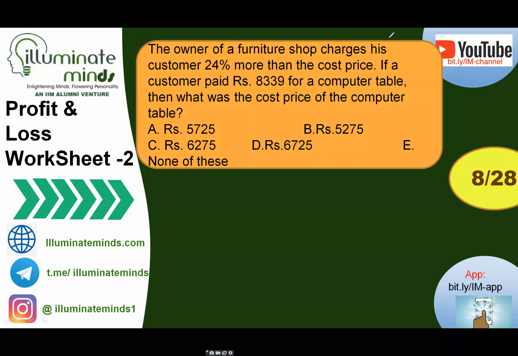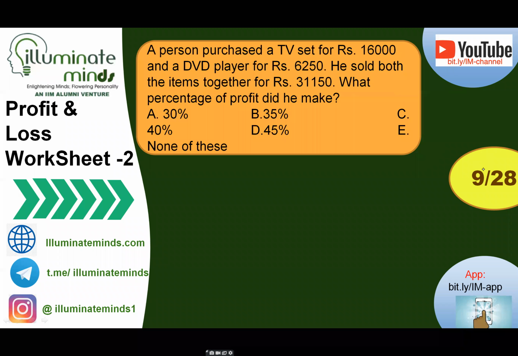So let's move to the next one. A person purchased a TV set for rupees 16,000 and a DVD for 6250. He sold both the items together. So 16,000 is one, 6250 is another, and he sold it together at 31150.